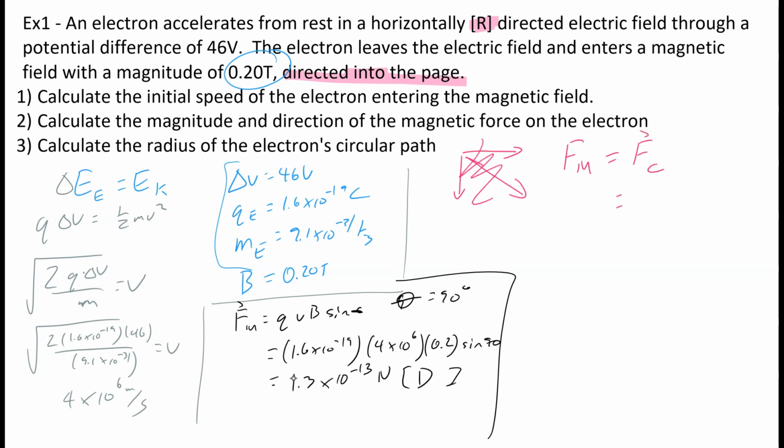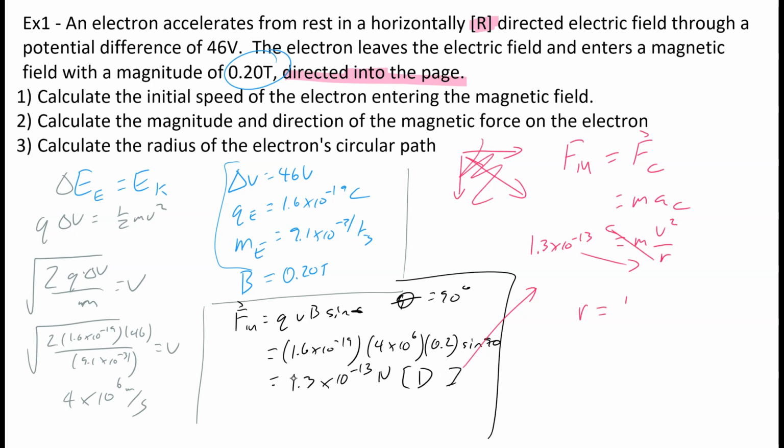Now, this is yet again going to be ma_c. We've learned a bunch of formulas this year for a_c, but I think the one that's most appropriate in this case is v squared over r. We know the number for magnetic force, we just figured it out, it's 1.3 times 10 to the negative 13. And we're looking for radius, so let's do some rearranging right now. Let's bring the r to the other side and this number down.